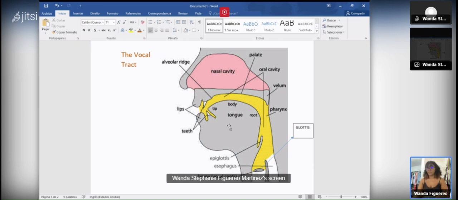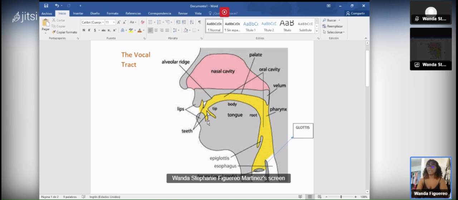So that is everything we've covered today. Remember the vocal tract is constructed with different parts. Remember the roof of the mouth, which has the alveolar ridge, the palate or hard palate, and the velum.